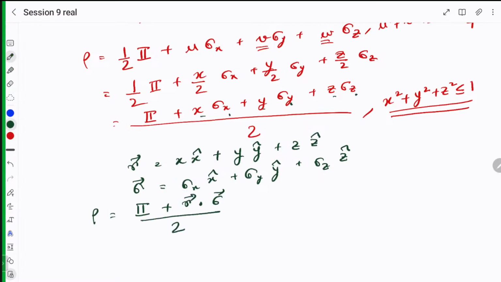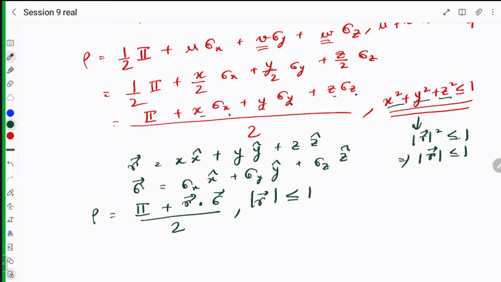So I plus r dot sigma over 2, and x squared plus y squared plus z squared is nothing but mod r squared. So this tells us that mod r squared is less than or equal to 1. That means mod r should be less than or equal to 1.